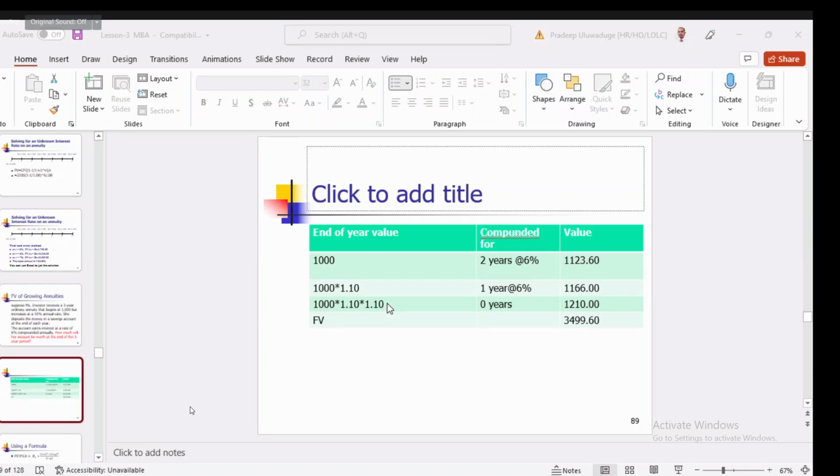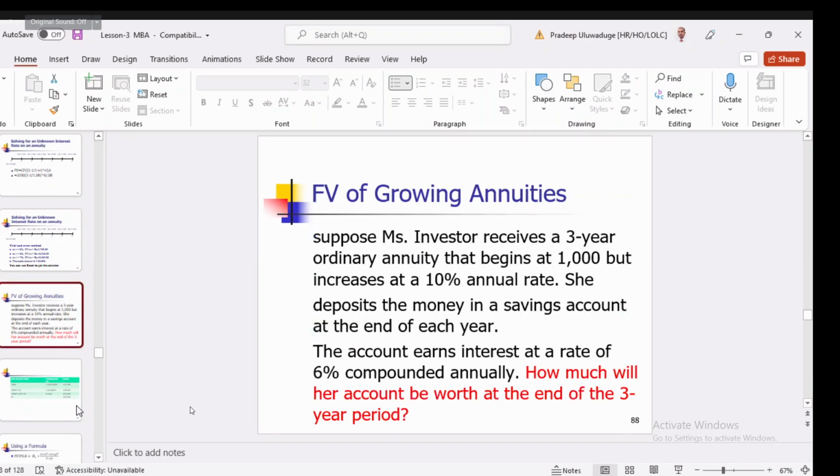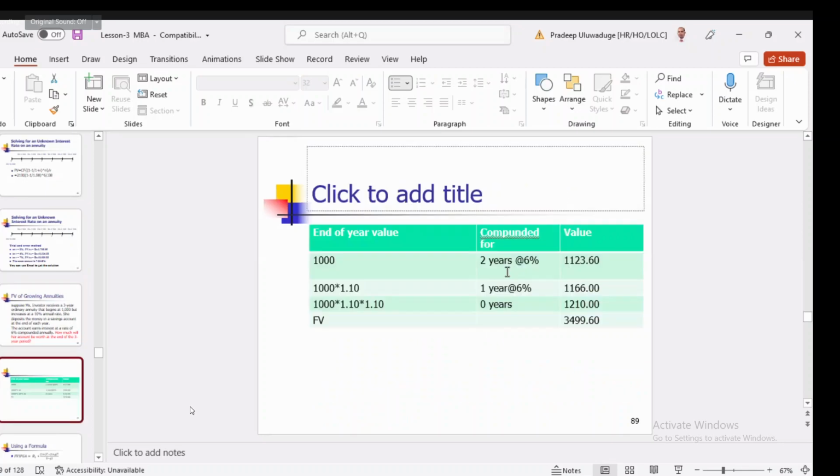Now it's a time period of 3 years, a three-year ordinary annuity. So at the end of the first year you deposit 1,000, and there are 2 full years for you to compound at 6%. It becomes 1,123.60.